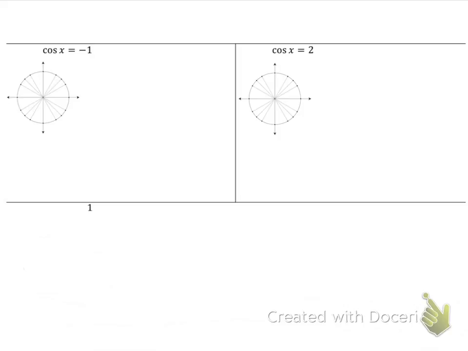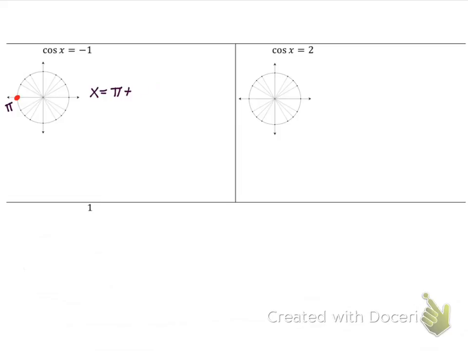All right, let's say that cosine x equals -1. Well, I'm just going to run through this one really quick, because that's going to be at pi. And this is almost exactly the same, where x is going to equal pi plus, well, it only occurs once on my circle, so I need to add 360 to it to get back to it.